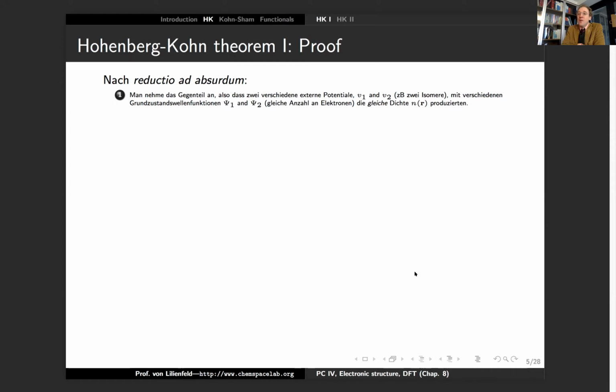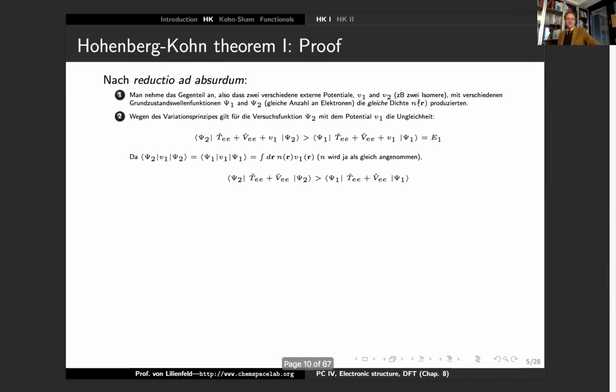So we want to show that for every electronic wave function, there's only one electron density. And now we propose the opposite. So two different electronic wave functions would map onto the same electron density. So suppose these two would have different wave functions, but the same electron density. Right? So that's this electron density n.